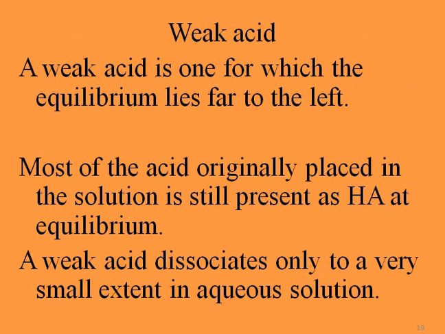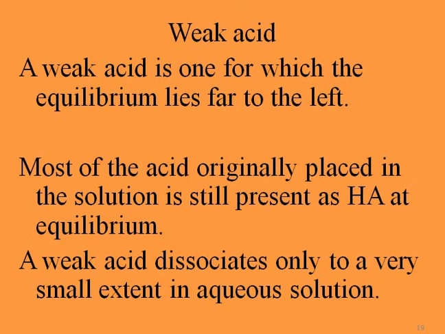A weak acid is one for which the equilibrium lies far to the left. Most of the acid originally placed in the solution is still present as HA at equilibrium. A weak acid dissociates only to a very small extent in aqueous solutions.